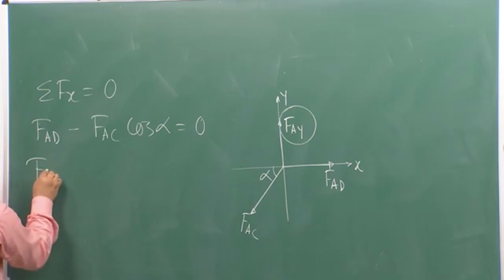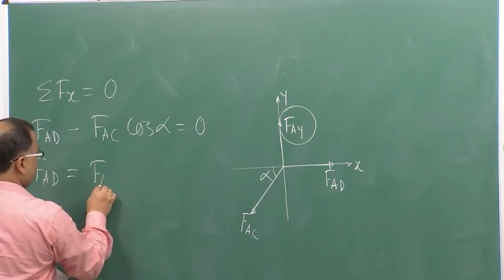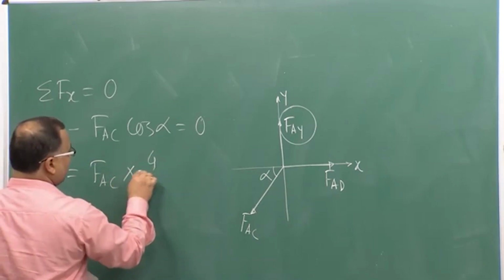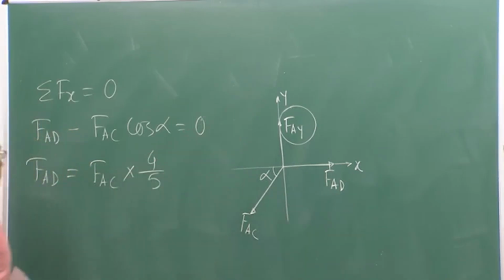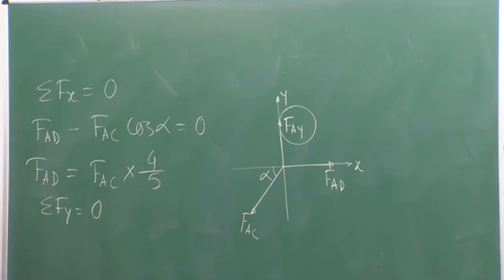So, from this I can simply write FAD equal to FAC into 4 by 5 as it was given. So, cos alpha is 4 by 5. Okay. So, now similarly I can exploit this condition as well.